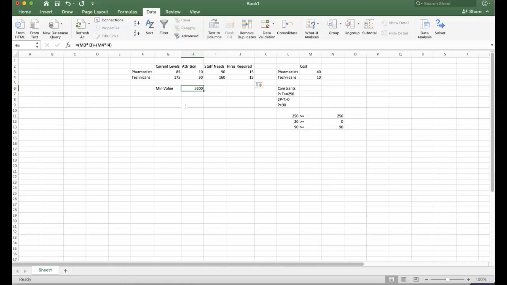Thus, the payroll cost using the optimal solution is 5,200 per hour. The payroll cost will go up $50 for every employee that we get more, because 40 plus 10 is equal to 50.